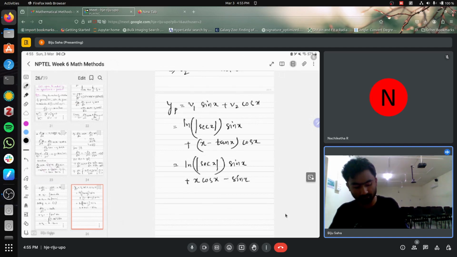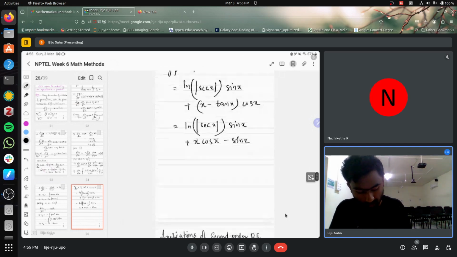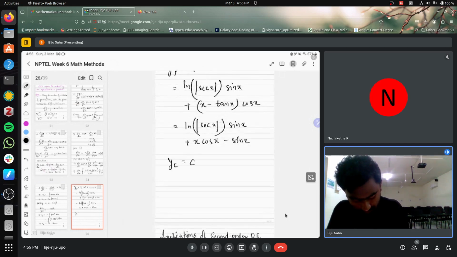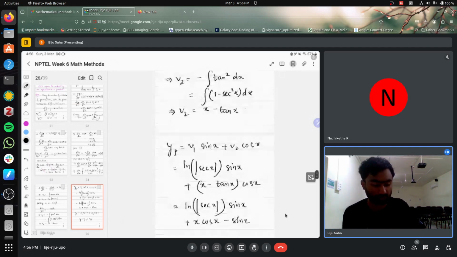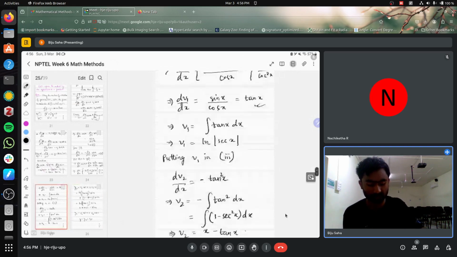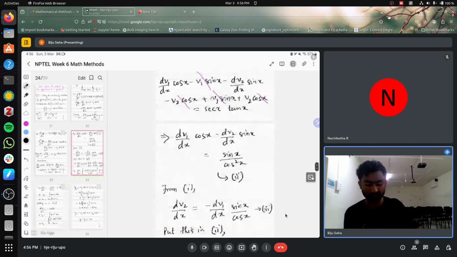So this is my yp, and your yc was c1 sin x plus c2 cos x. So the total solution can be written as this.